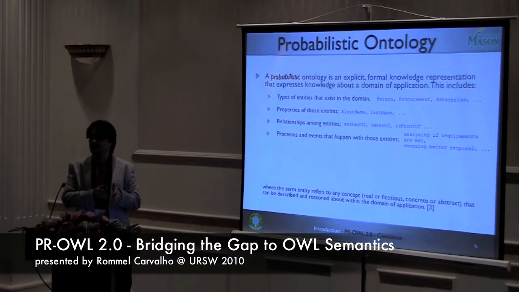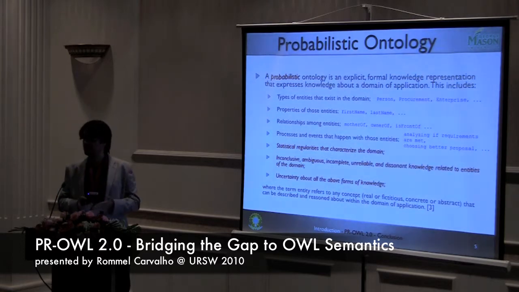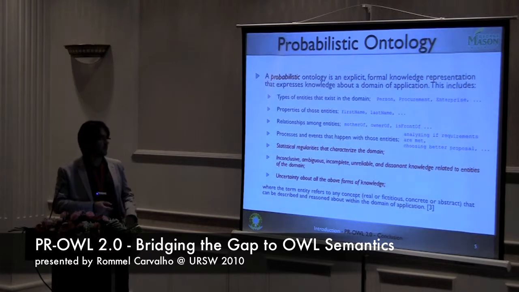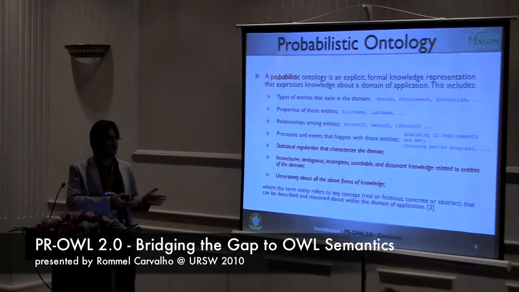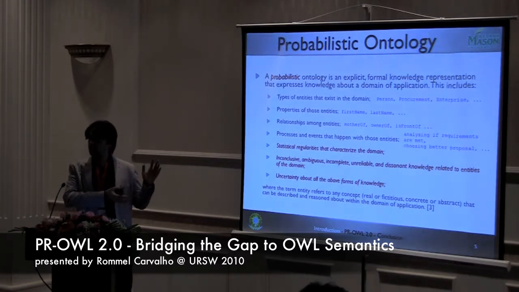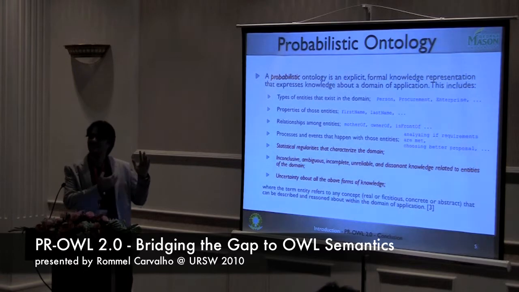I might not know exactly if it's true or false, or if this relation holds, but I want to talk about uncertainty of it. It's likely that it's going to hold, or it's more likely to happen, or something like that. So you're going to have statistical regularities. We're going to talk about inconclusive, ambiguous, incomplete information. In other words, we're going to talk about uncertainty information about all the knowledge we already represented in our ontology. So the idea is to extend what we already created and not invent something new.